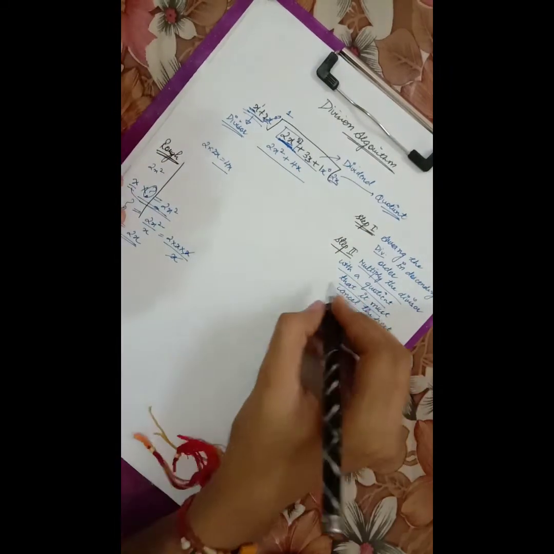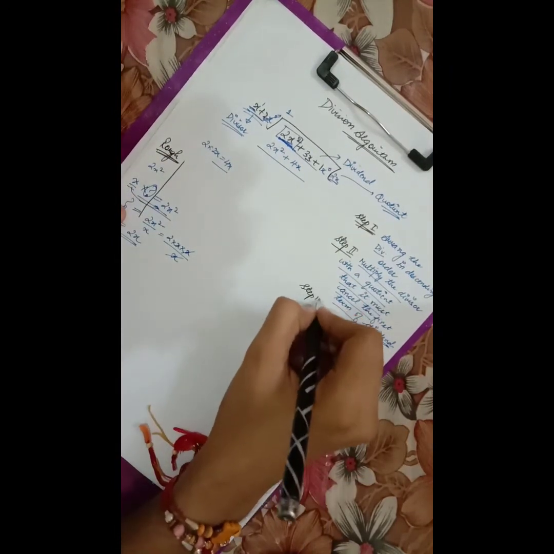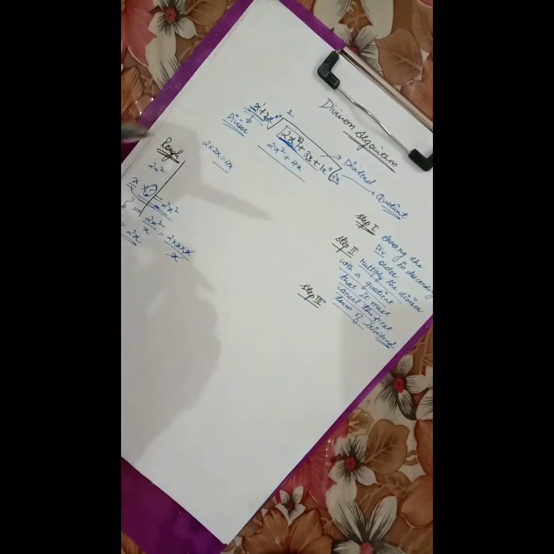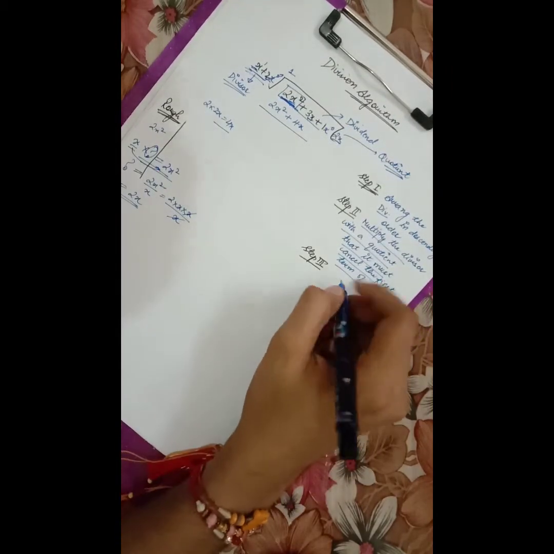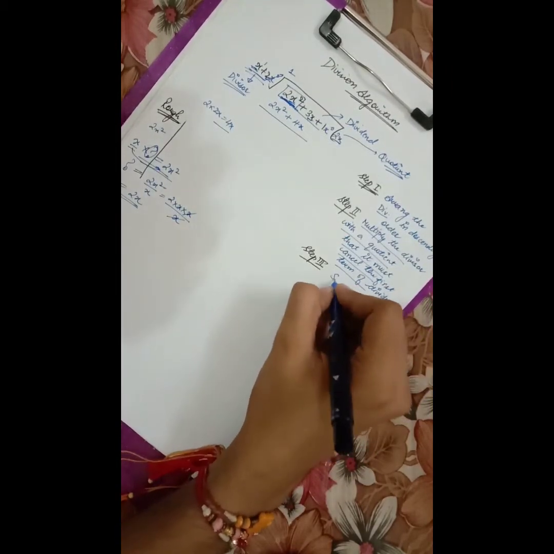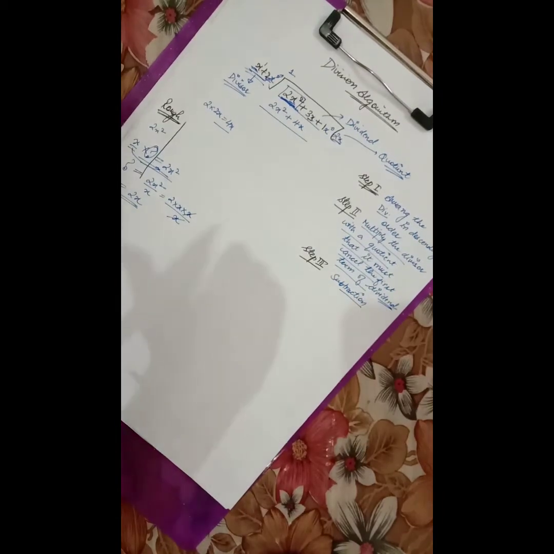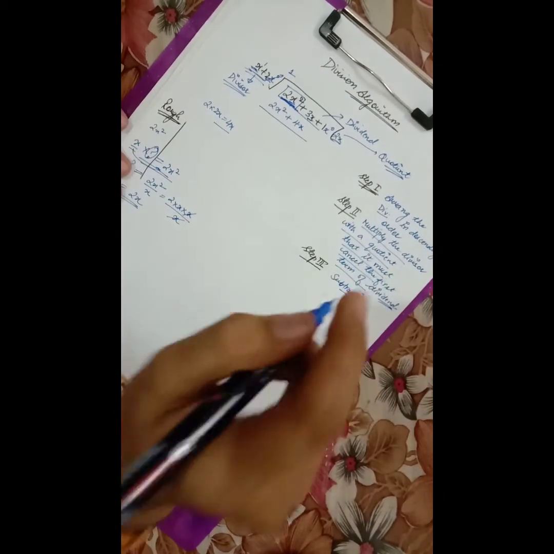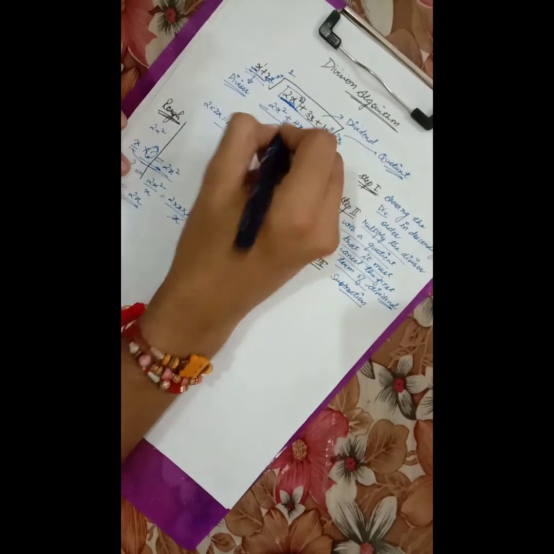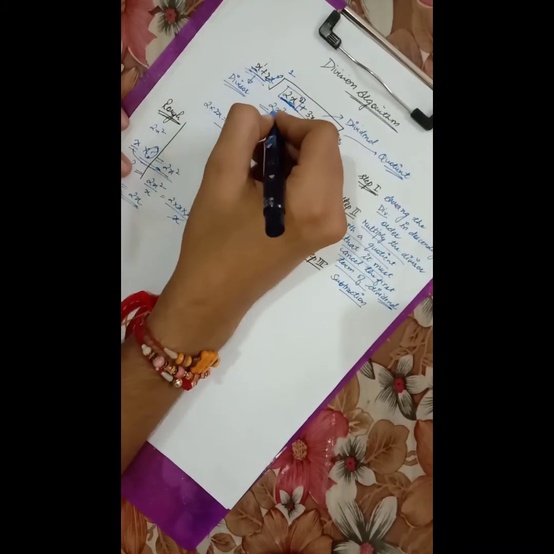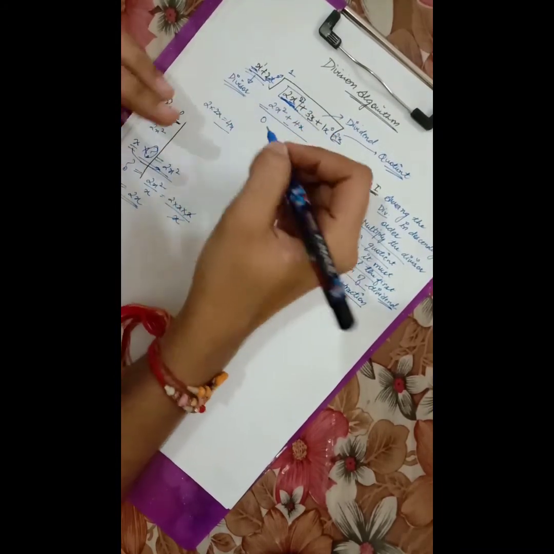Now let's go for step 3. Just as we do in regular division, we have to do the subtraction now. So now we are going to subtract it. If we subtract 2x square from 2x square, we will definitely get 0.